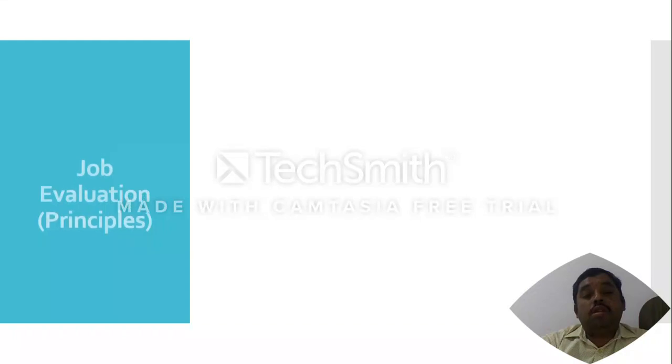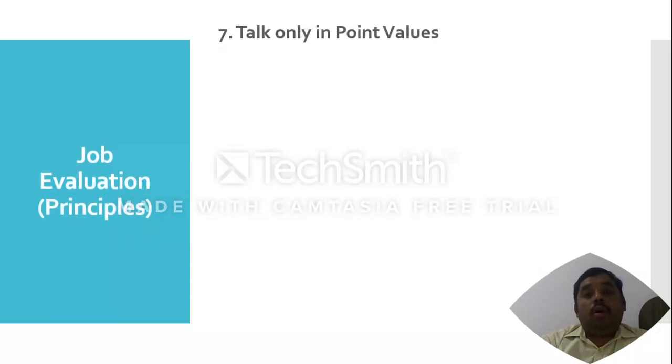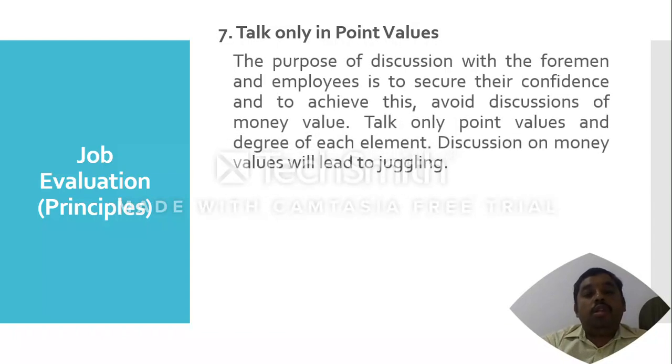And the next one is all about talking only in point values. Don't give something unwanted or irrelevant just for the purpose of giving information. There should be a point which is value based. For example, when there is a need for some important thing, it should not be irrelevant.